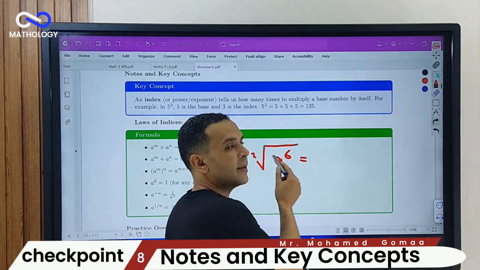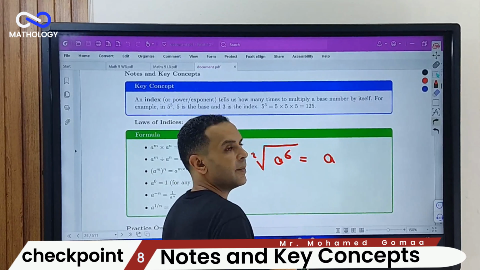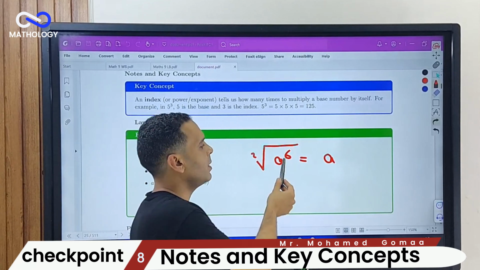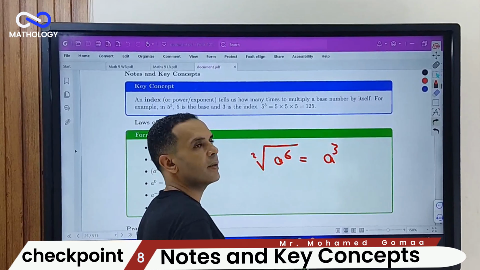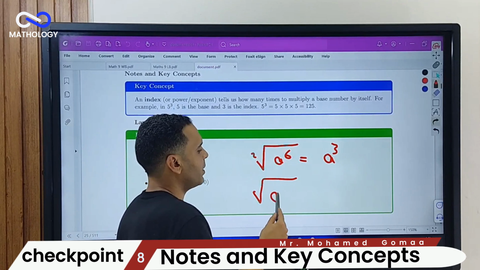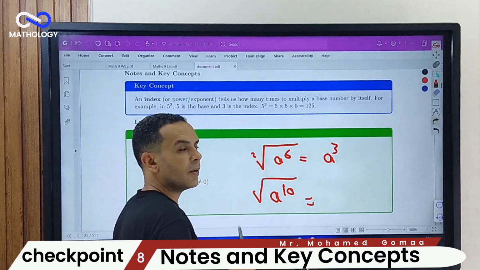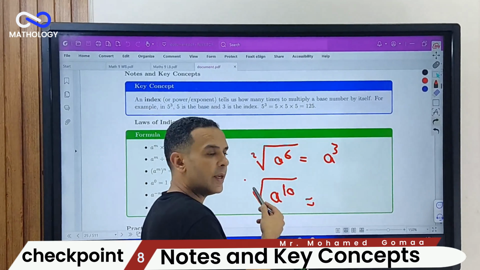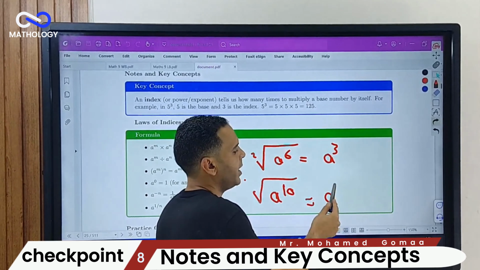So to get this result, keep the same base and divide inner by outer. 6 divided by 2 equals 3. If you have the square root of a power 10, inner divided by outer, it will be 10 divided by 2, which equals a power 5.